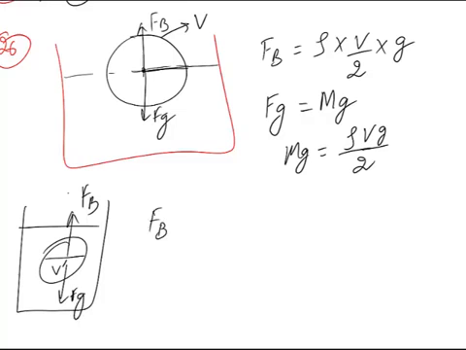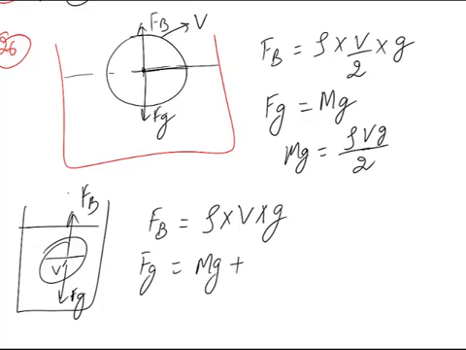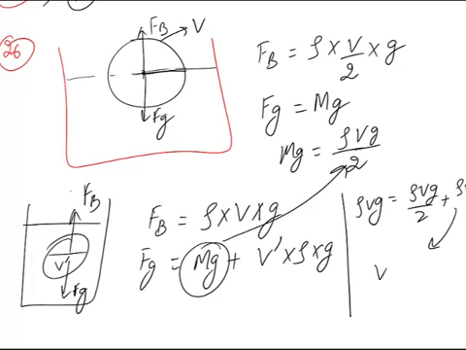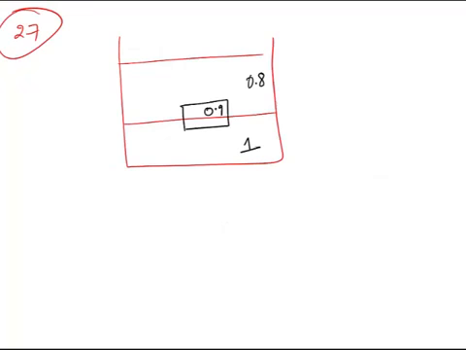So FB in this case is rho into full volume it's displacing now into G, and Fg is equal to mg, that is mass of the shell, plus some water you have put into it, so V dash into rho into G. Now just replace mg as this, so you get rho Vg equals rho Vg by 2 plus rho V dash G, hence simply V dash equals V by 2. So how much volume of water you had to put? Half the volume.